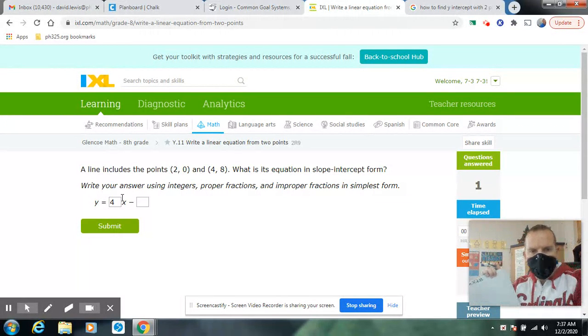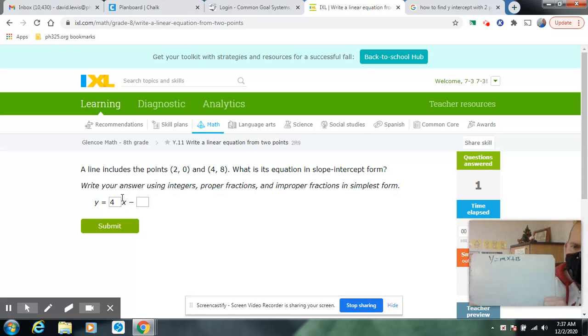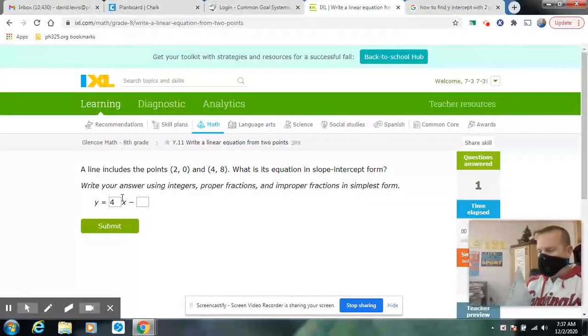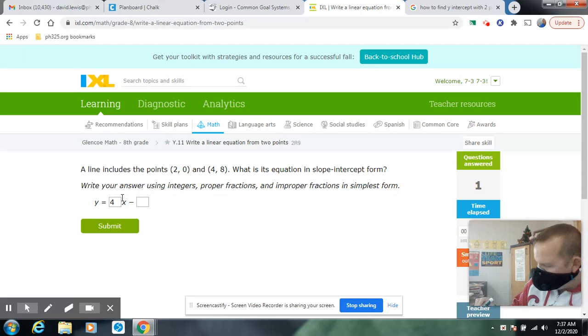We can use the first point, (2, 0), or the second point. I'm going to use the first coordinate, (2, 0). The y is 0, equals 4 times.